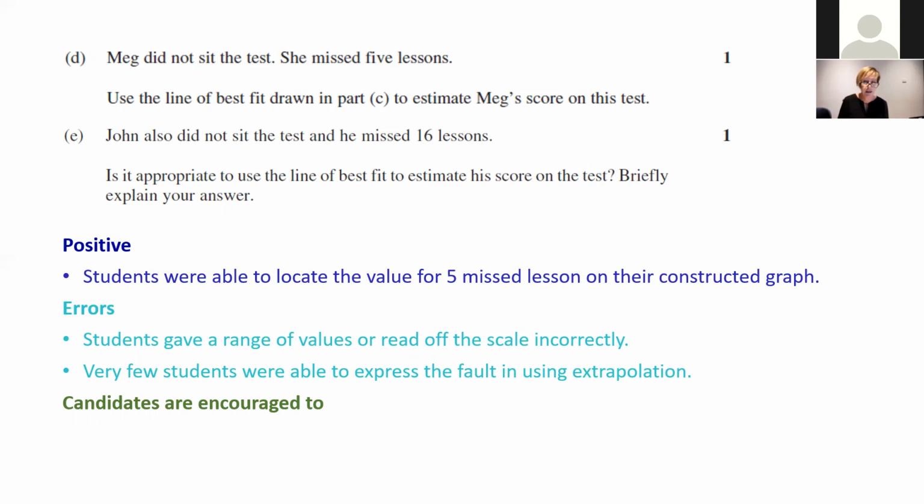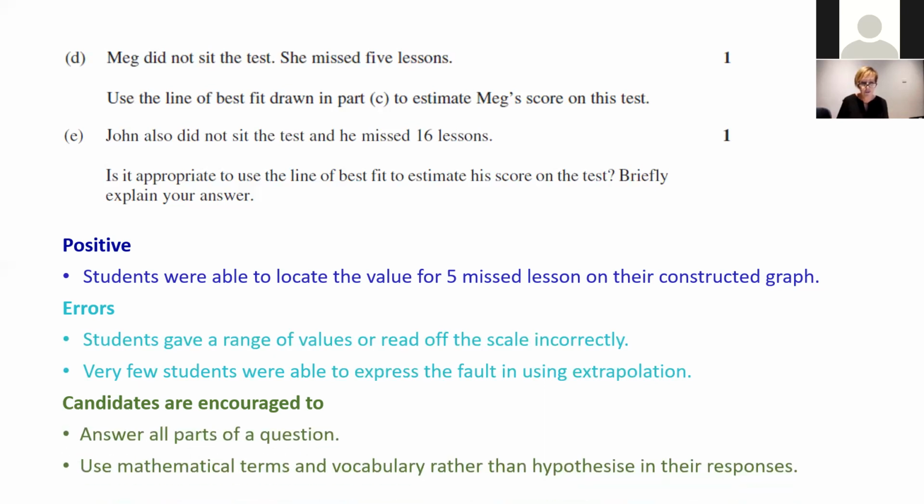In E, John didn't sit the test and he missed 16 lessons. And very few students were able to express the fault in using extrapolation in this case, it being that the value of 16 is well beyond the data set given and would produce an unreasonable result, being a negative.